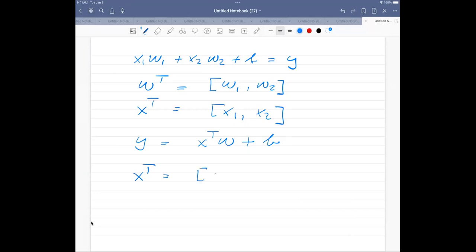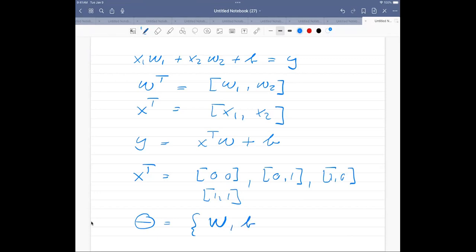Now, if I look at my data, my x of t could be given by 0, 0. That's one value. I could have 0, 1. I could have 1, 0. So these are the bits which I can feed in. And then I could have 1, 1. Then I'm going to use a new variable, which I call theta. That's going to be a collective container for the unknown weights and this bias parameter. I'm going to write this theta as a vector which contains b, w1, and w2.